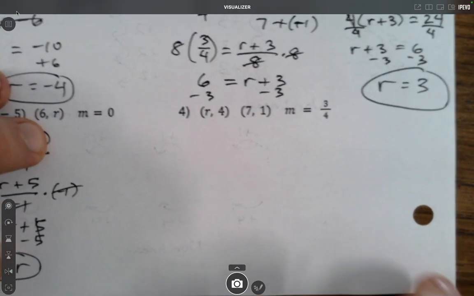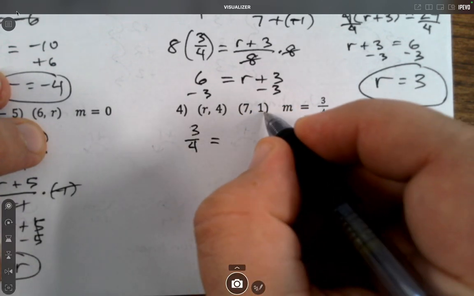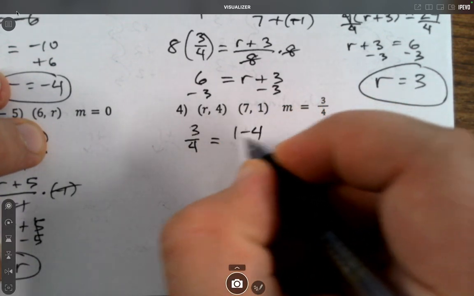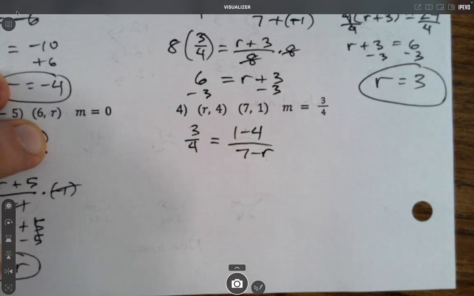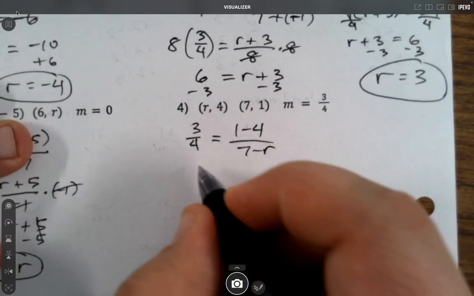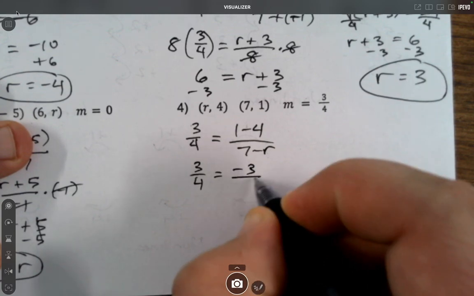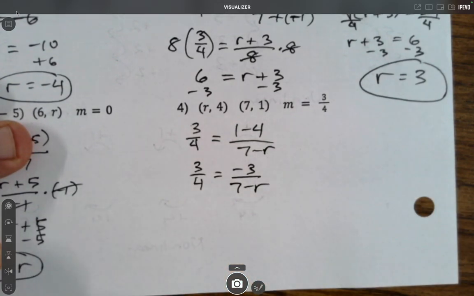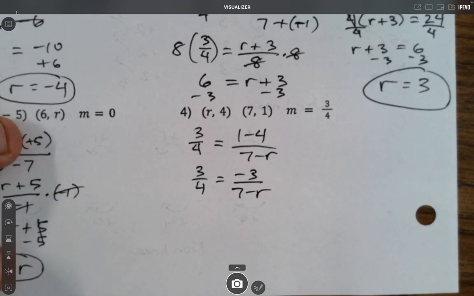Okay, last one. Our slope is 3/4. y2 minus y1 over x2 minus x1. Okay, so this one, I'll go ahead and simplify the 1 minus 4. So I'm going to choose to cross multiply on this one.